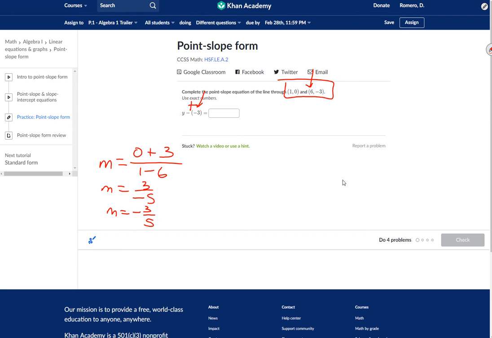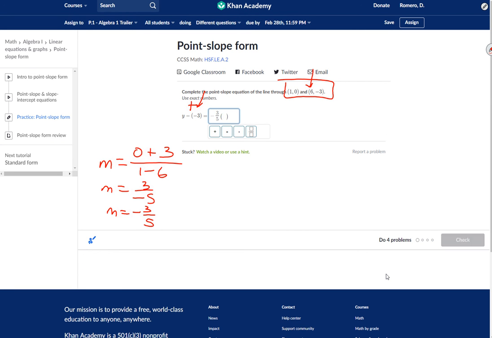So tell me what the rest of that would look like. What would come first after the equal sign? In point slope, what comes next? If we're going to leave it in point slope, everything that we ended up with was slope intercept, but let's just pretend they wanted to leave it in point slope. Yeah, you got to go with the slope first, so -3 over 5. Then what comes next?